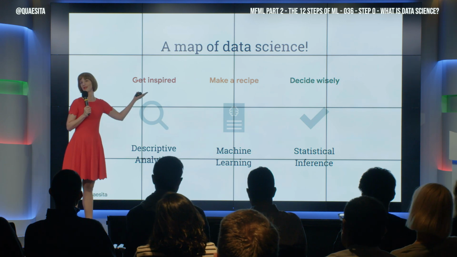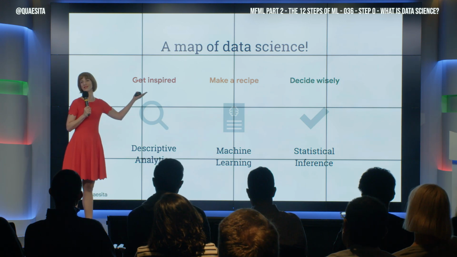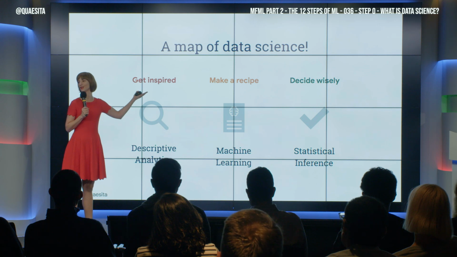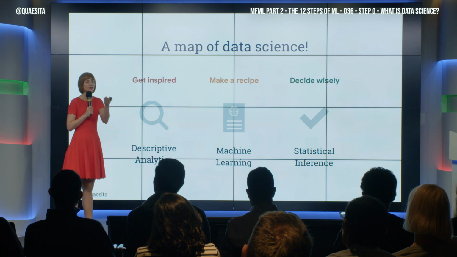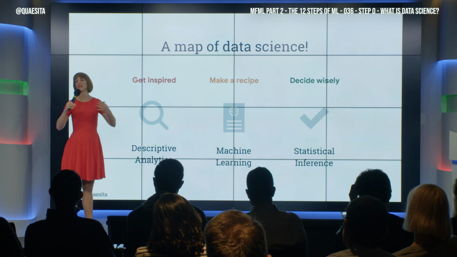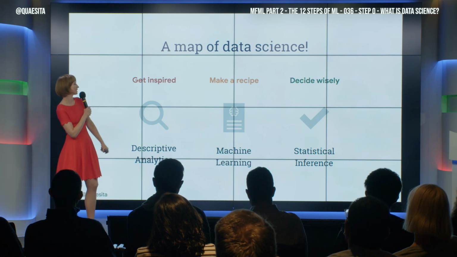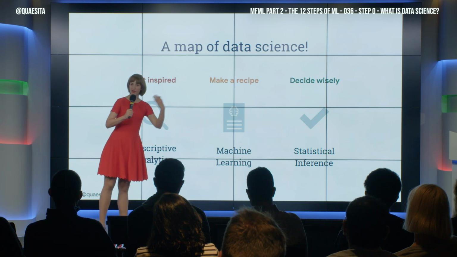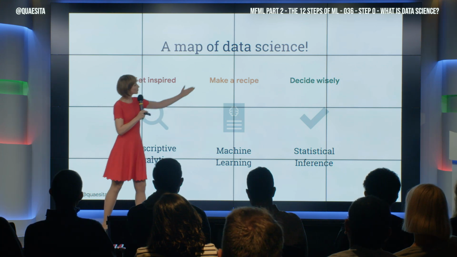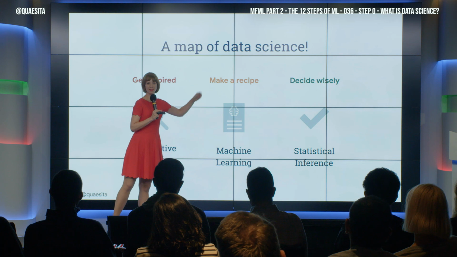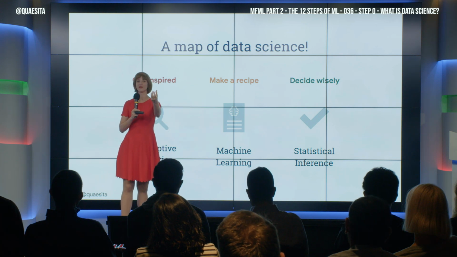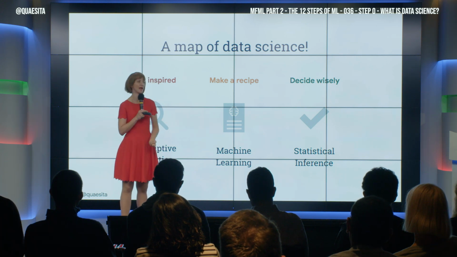Here in data mining and descriptive analytics, we are not making any decisions. We are simply trying to get inspired from data. We're having a look at what is here. We're learning what is here, and we're not taking it too seriously. We're not learning anything beyond what is here in our data. In machine learning, we are going beyond our data in the sense that we are trying to make a recipe that's supposed to work on new stuff beyond the data that we have on hand.